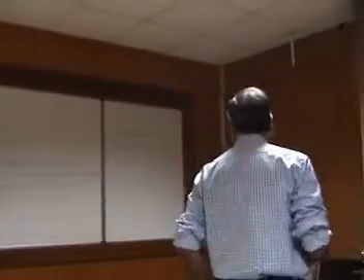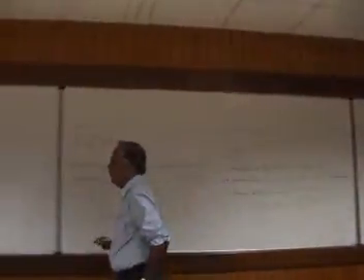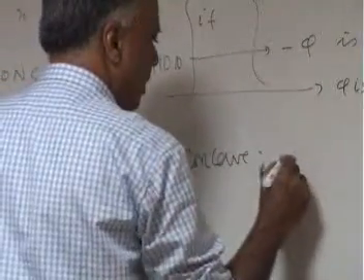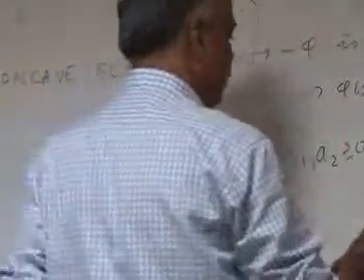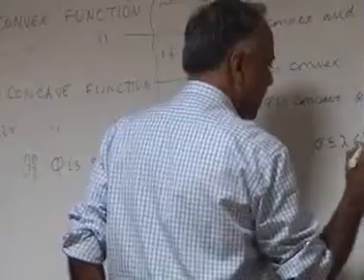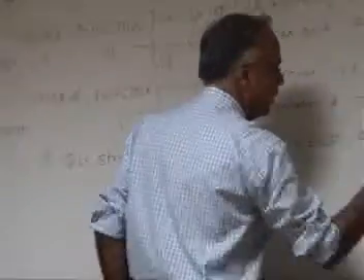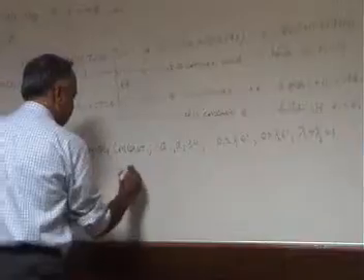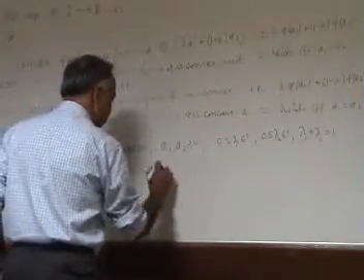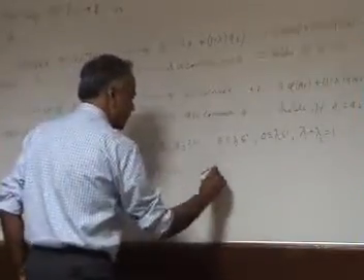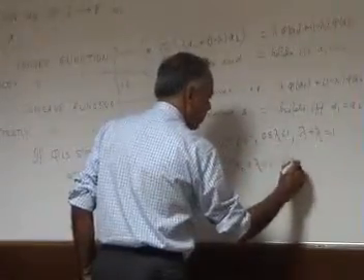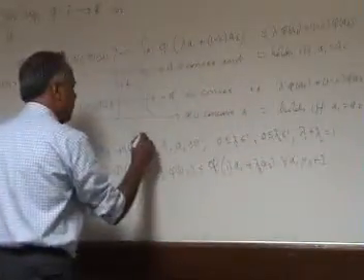So therefore, we get the first step: if phi is strictly concave, A1, A2 greater than or equal to 0, 0 less than or equal to lambda 1 less than or equal to 1, 0 less than or equal to lambda 2 less than or equal to 1, lambda 1 plus lambda 2 equal to 1 implies lambda 1 phi A1 plus lambda 2 phi A2 is less than or equal to phi of lambda 1 A1 plus lambda 2 A2 for every A1, A2 in I, where phi is concave in I.